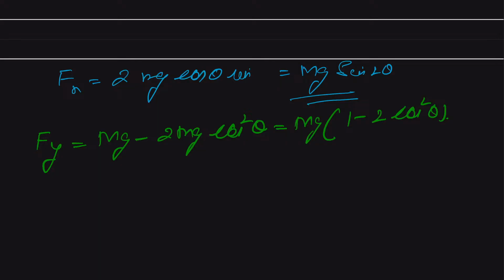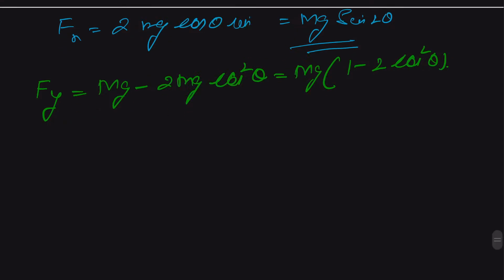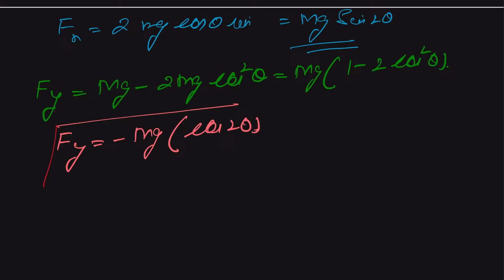This can be simple trigonometric. So F of y is equal to minus of cos 2 theta, so F of y is minus mg cos 2 theta. So we got both the components of our F.